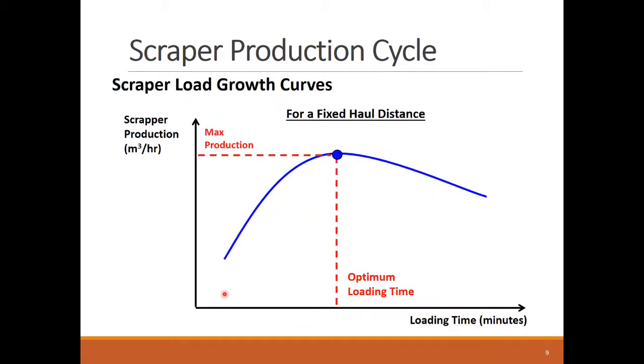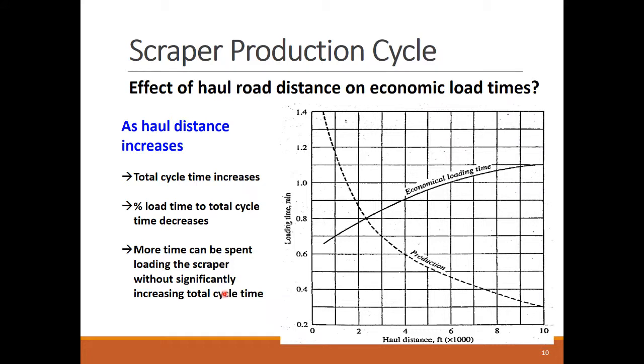There is an optimal loading time that needs to be calculated for the scraper to achieve the maximum production for a specific haul distance. Spending less or more time than this optimal load duration will result in lower production rates. This chart shows that the longer the haul distance, the more time the scraper is allowed to load.